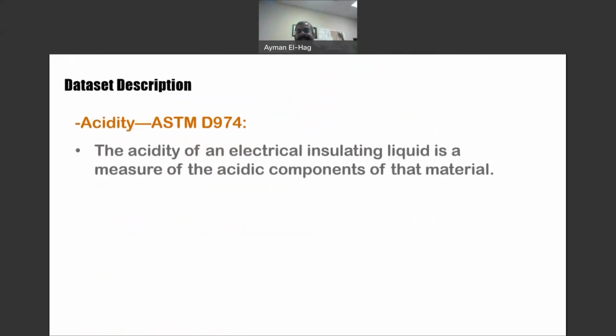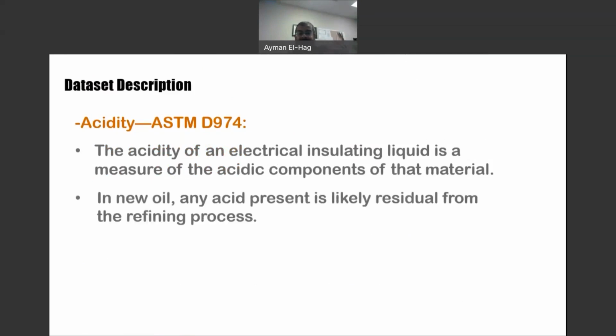The second is the acidity. Here it is a reflection of the acidic components of the material. Now you have high voltage, you have oil, and you have insulation papers. You have some arcing inside, so there could be some chemical reaction that will lead to some acidity detected in the oil. Now in a new oil, any acid present is because of some residue from the refinery process.